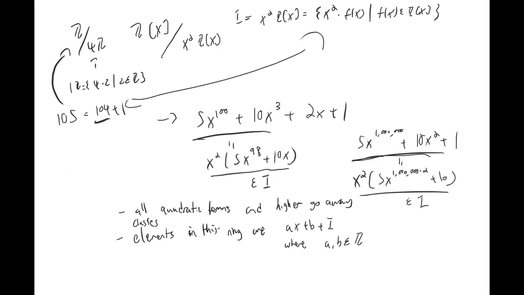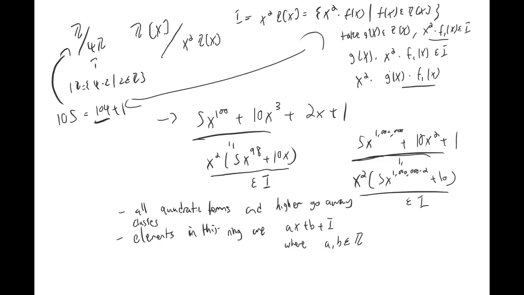Why is it an ideal? Just check it. Take g(x) in Z[x]. I need to check an element. An arbitrary element looks like x squared times, let's call it f1(x), in I. So this is some arbitrary element in I. Then I need to show that g(x) times x squared times f1(x) is in I, but this is just x squared times g(x) times f1(x).